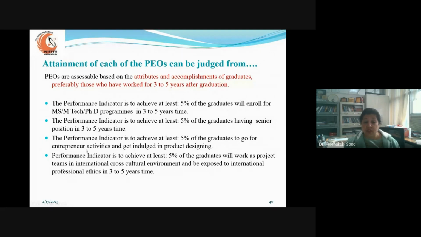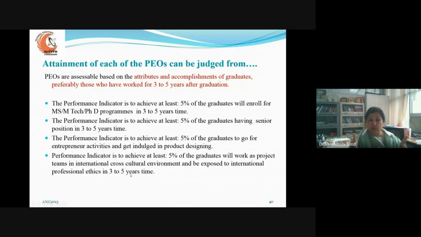Earlier this parameter was not considered to be very effective, but now, with the scenario in our country giving so much focus to entrepreneurial activities, this parameter plays a very important role: how many of your students went for entrepreneurship, or they have their incubation, some product designing and all, right? And then how many of these students go across international boundaries for professional ethics.